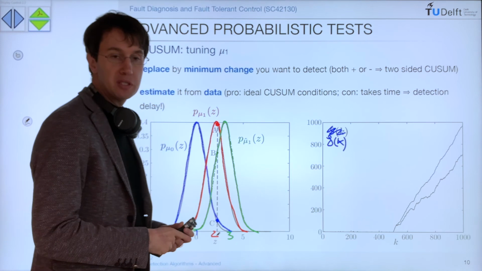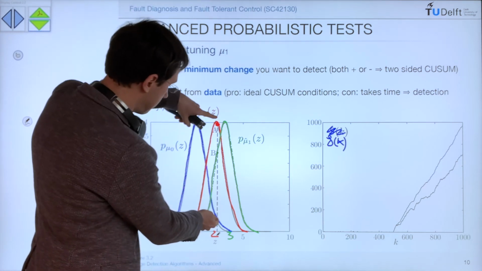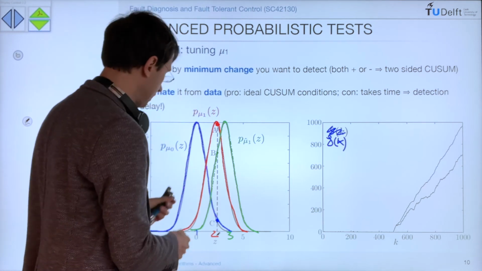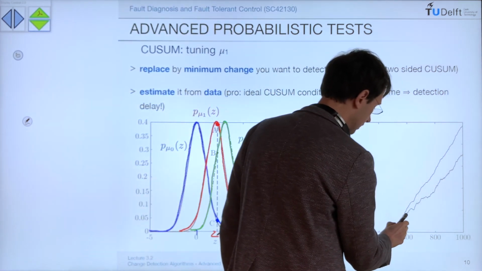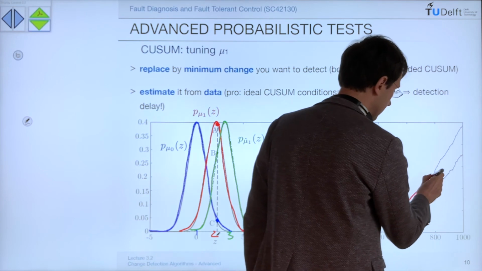So when I compute the log likelihood ratio, this is a big positive number, and so G is going to increase, and in general, G is going to increase, let's say like this.